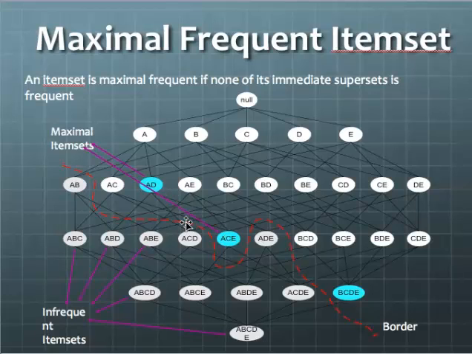The first group is the frequent item sets that begin with item A that may contain items C, D, or E. This group includes item sets such as A, AC, AD, AE, and ACE.